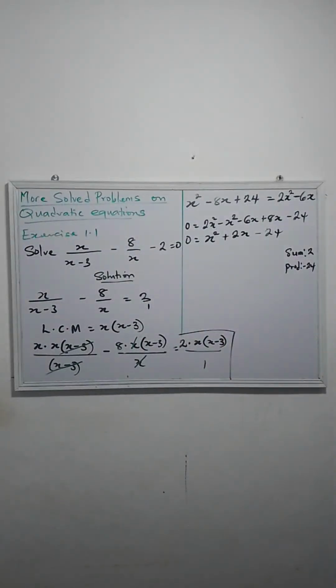Let me see what we have here. Okay, all right, I can see Joseph. We have plus 6, negative 4. Mudupe.